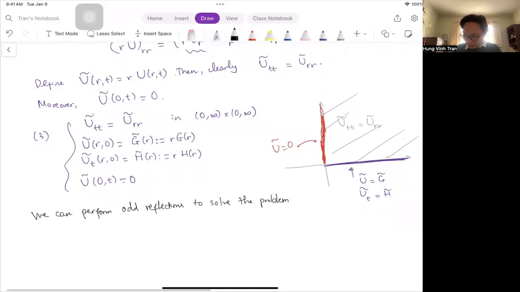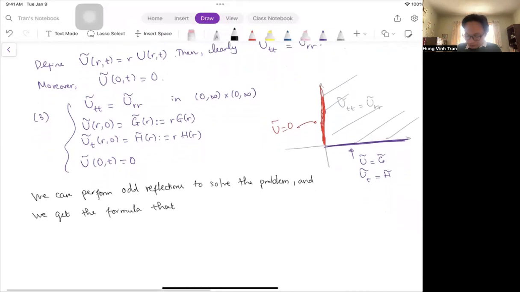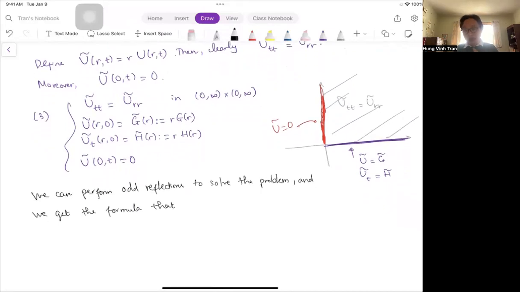And we get the formula, by abuse of notation, I'm still writing the odd extensions of g tilde and h tilde as g tilde and h tilde. So u tilde of r,t would be equal to, I mean, the formula we are using is exactly the D'Alembert formula.